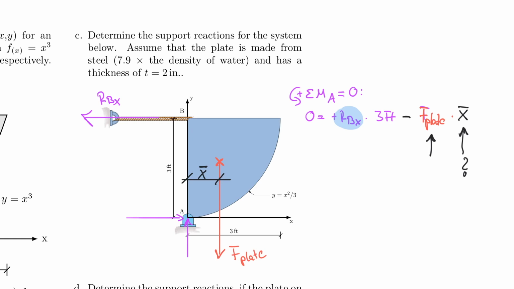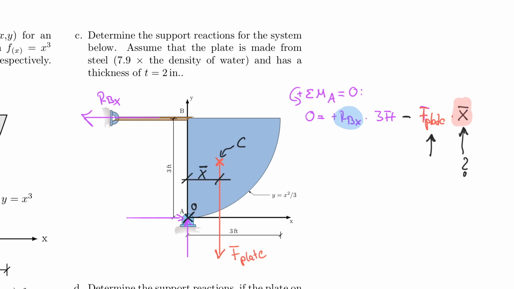And that is the distance between the centroid of the plate, right? So I'm going to call that here C for centroid of the plate, to the origin, right? So the origin is down here, O. And that is really the goal of today's lecture, to understand how can we calculate the X bar.